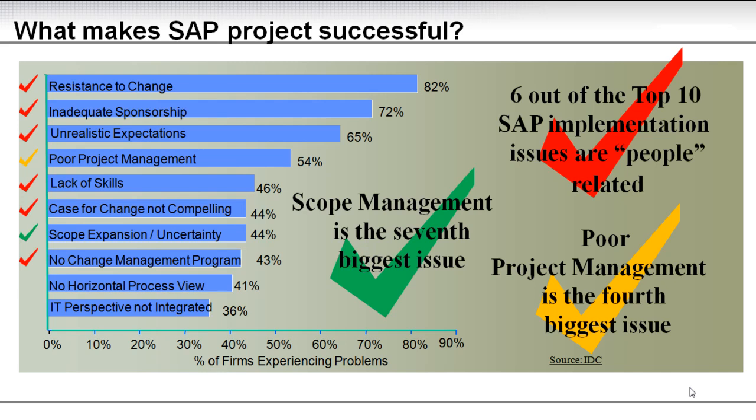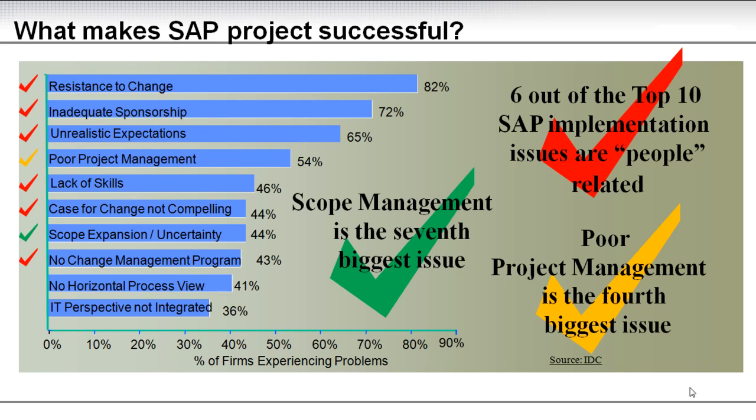So basically, if you can control and successfully execute these three areas, you are eliminating a significant part of the items that have caused projects to fail in history.